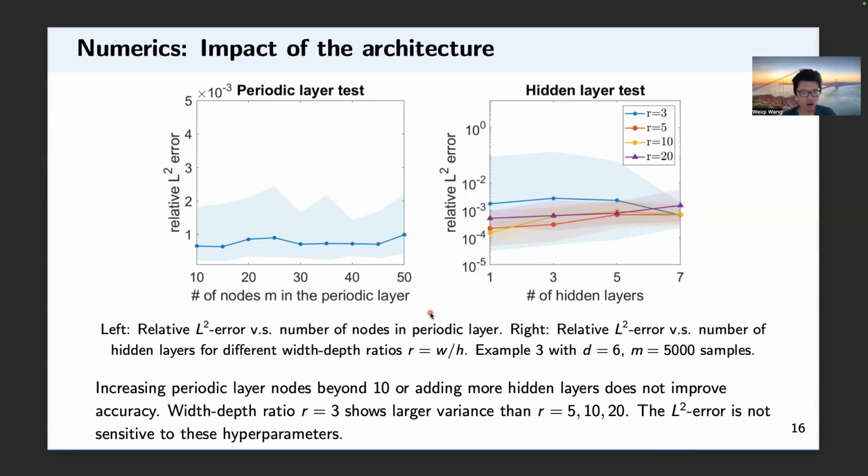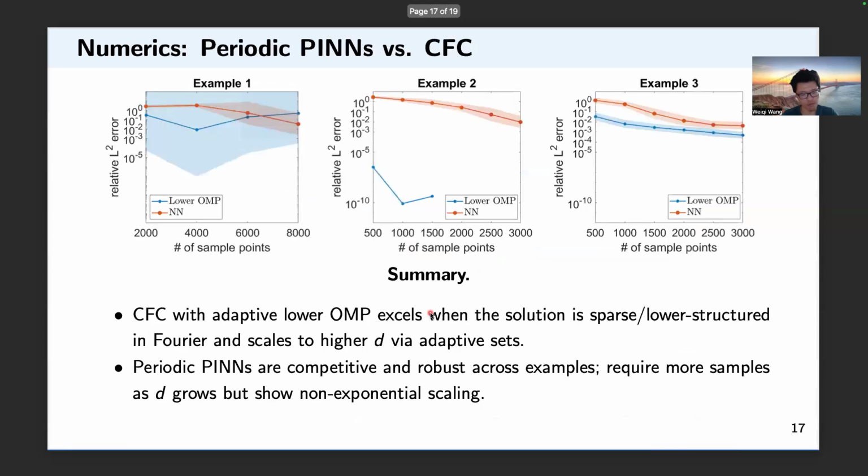Now we compare the physics-informed neural network with the compressive Fourier collocation method. I compare the L2 error for both methods on the three examples.